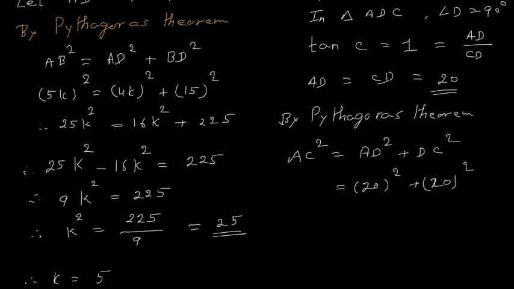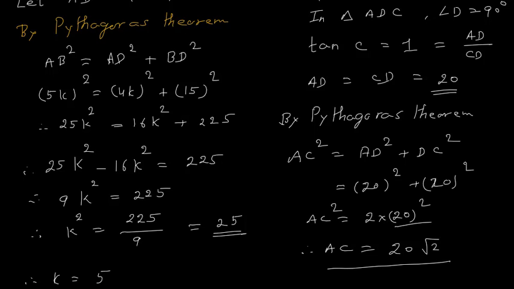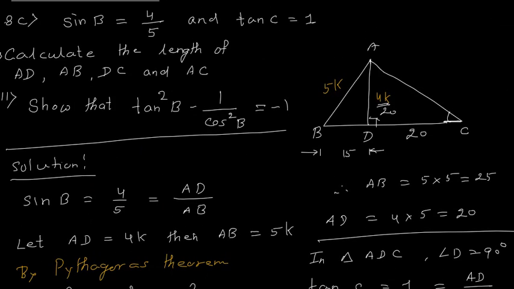So I can say that this is 2 times 20 square, right? This is AC square. Therefore what is the value of AC? This is square root of this whole term, so square root of 20 square is 20 and square root of 2 is root 2. So AC is 20 root 2. Okay. Now for isosceles right angle triangle, if the sides are of length a, then hypotenuse is of length root 2 a. So the same we got here. We got this hypotenuse as 20 root 2. Okay. So I got all the values.